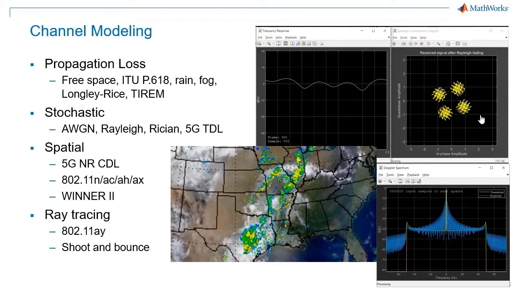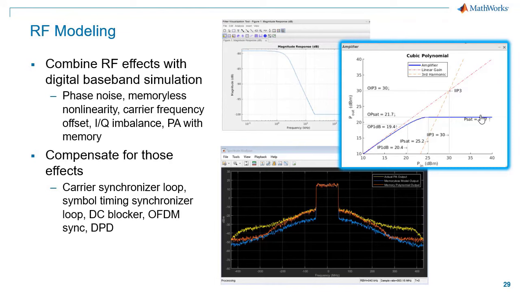If you're using multiple antennas in the transmitter and receiver, the effect of that is reflected in the channel modeling for spatial channel models, including the CDL, and also WINNER II channel models and all the channel models of Wi-Fi. If your transmission is best modeled by a very narrow beam width, you can think of those transmissions as rays. So ray tracing, which has different algorithms for that, is also included for your channel modeling purposes.